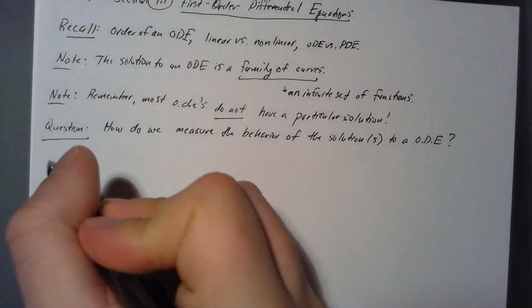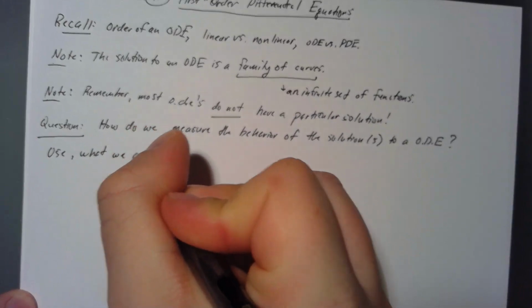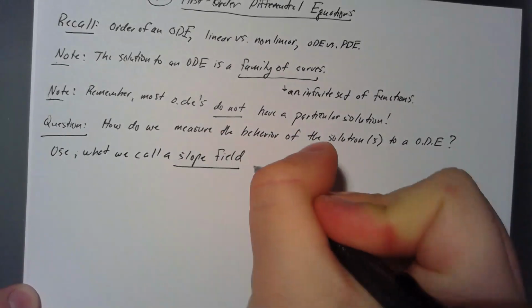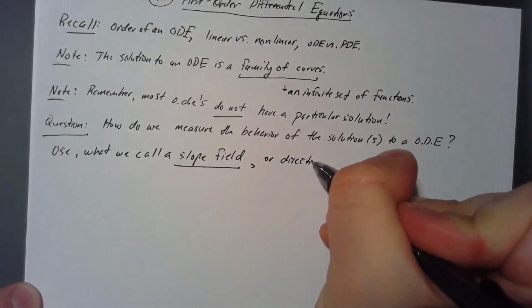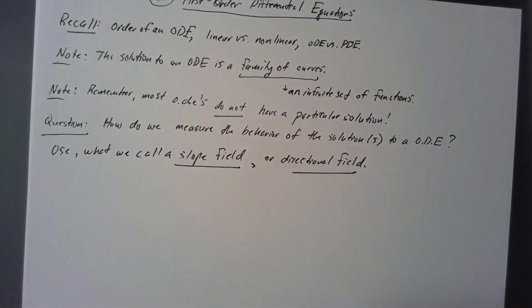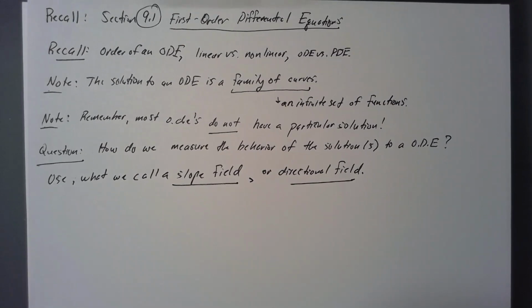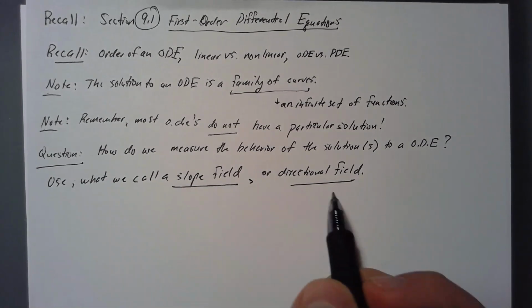So we can use what we call a slope field. It's also called a directional field. Either one is fine, but we could call them a slope field or a directional field. But what is a slope field or a directional field?